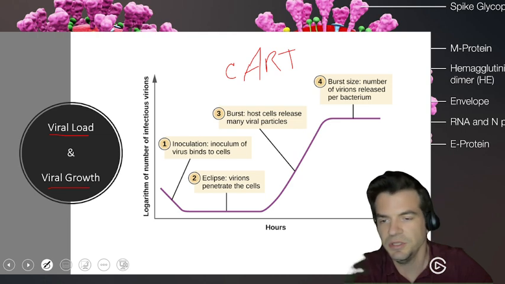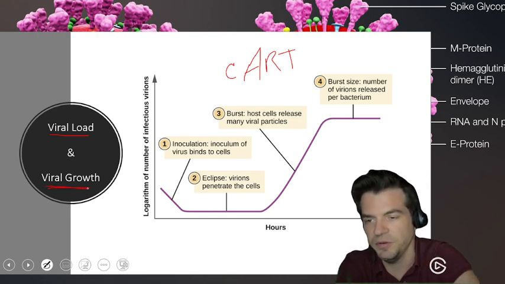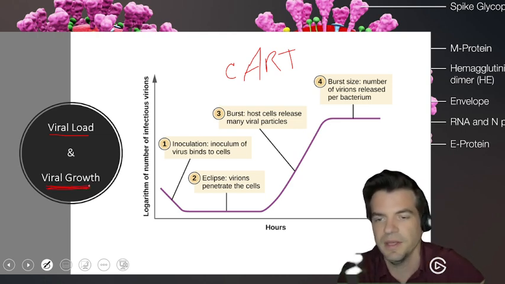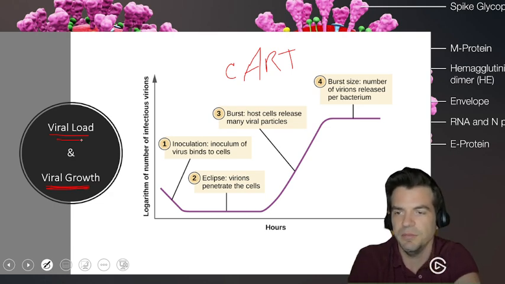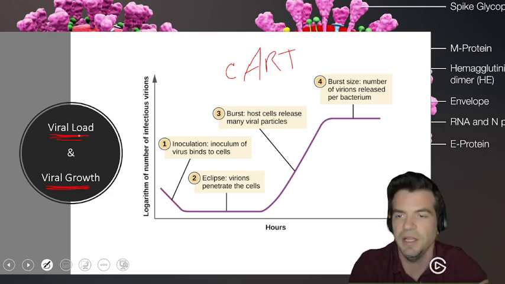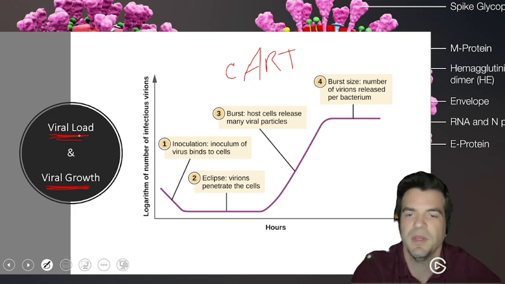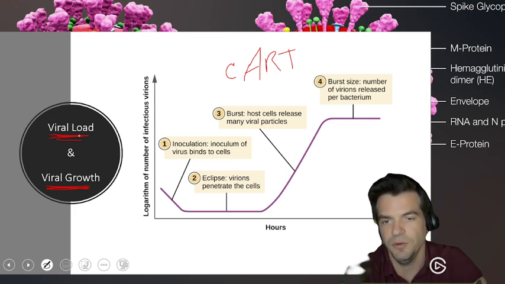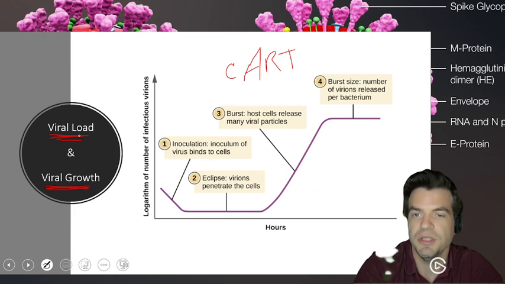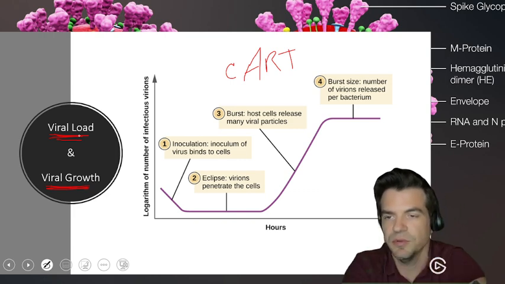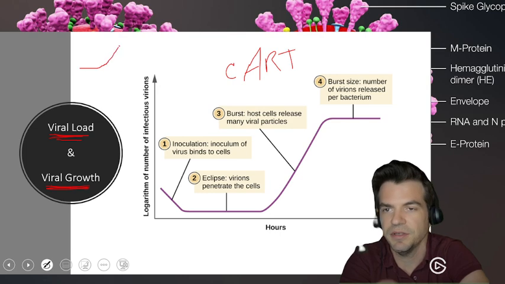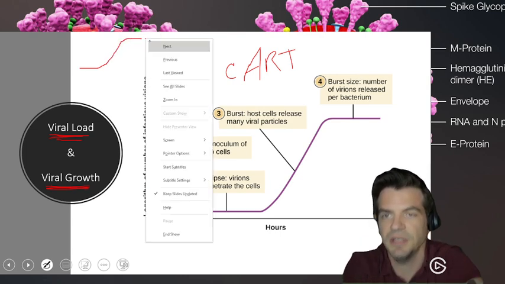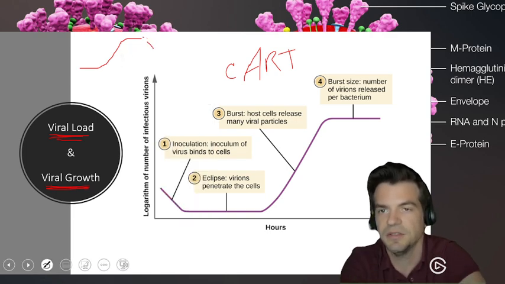So while this is a graph that shows viral growth, the graph is eerily similar to coming on and then off of viral load. I'll explain. Just like we had our bacterial growth curve, we had our lag phase, our exponential phase, plateau phase, and then the death phase. Okay?